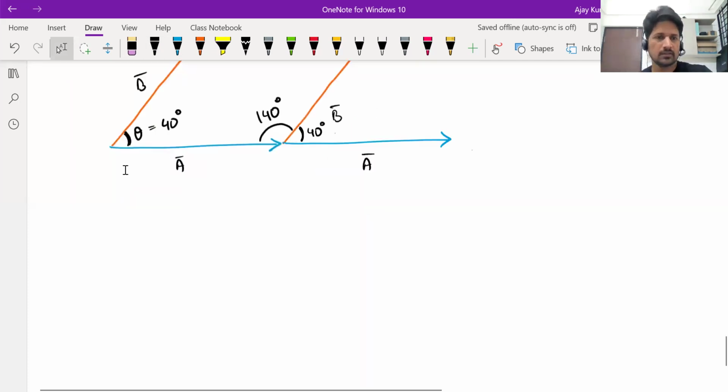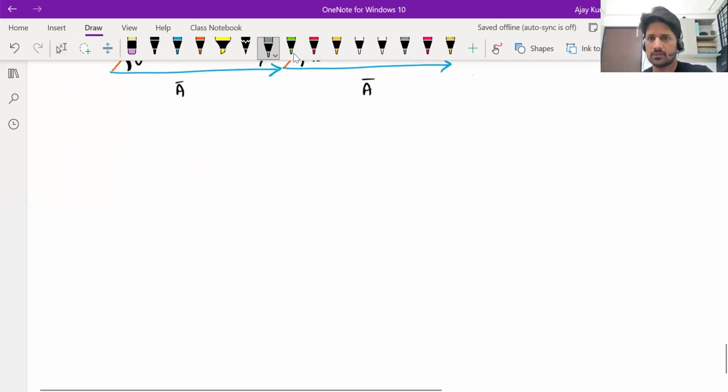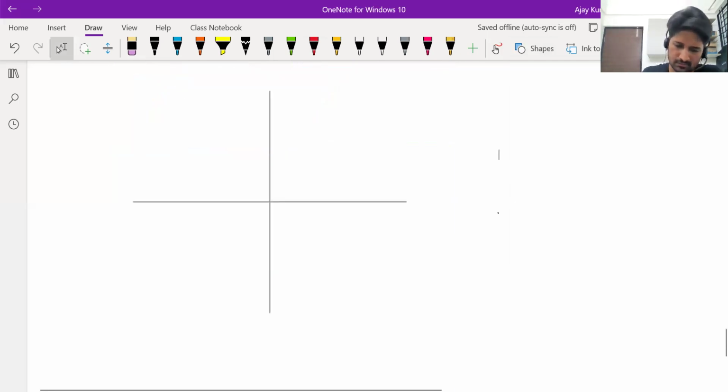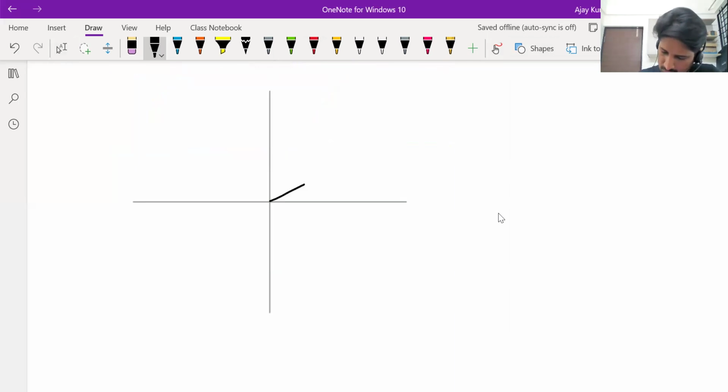Okay. So solve this question, all of you. I'll just draw some vectors, find out the angle between each pair of vectors. Then you can slide vectors without rotating them.